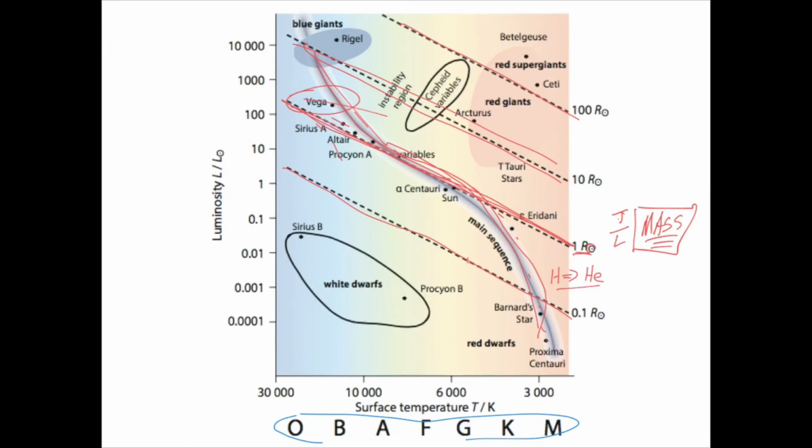So the sizes aren't really that big. What's the difference? It's the mass. The mass is going to be the thing that's causing a huge difference as far as what the star looks like and how it burns and all those other things. All right?